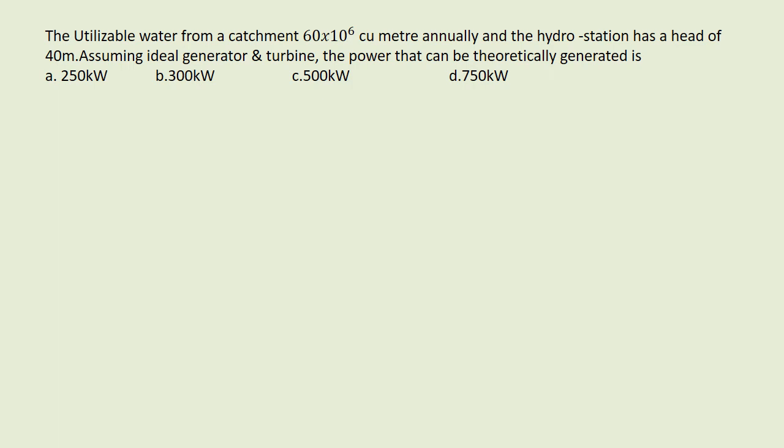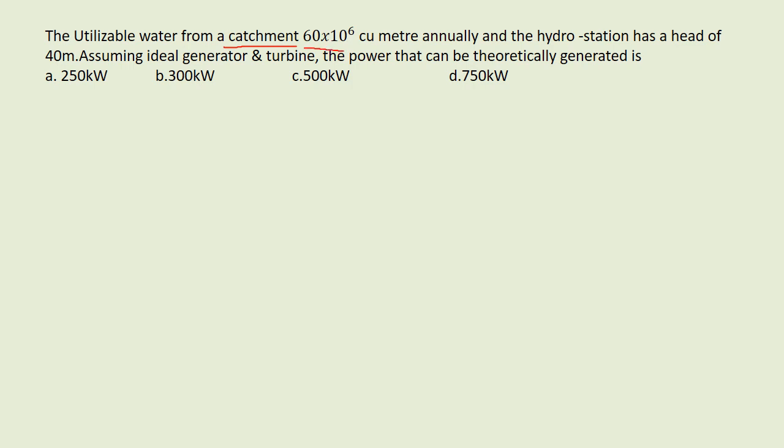First we should know what the question is saying. The utilizable water is the water that can be utilized from a catchment. This catchment simply means a dam where the water can be stored. Catchment means catching something, and what you are catching is water.